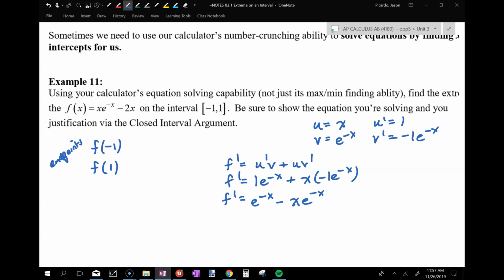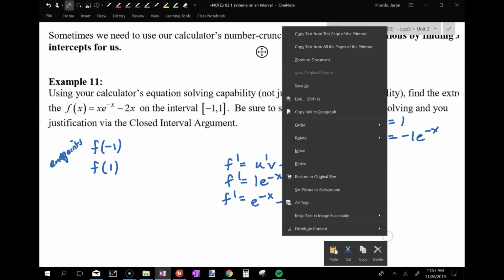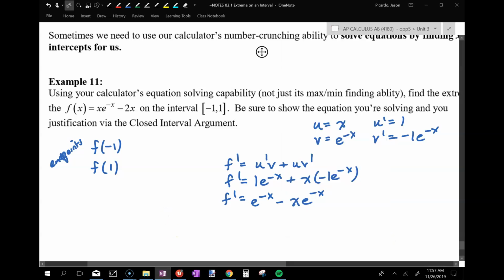Say again? Oh, yeah. -2, right? Yeah, I don't want to forget about the -2. Now, guys, here's the thing, right? What does this represent? That's the derivative, right? So what am I going to do? Again, if I got a calculator at my disposal, won't I just plug this into my calculator now, right?